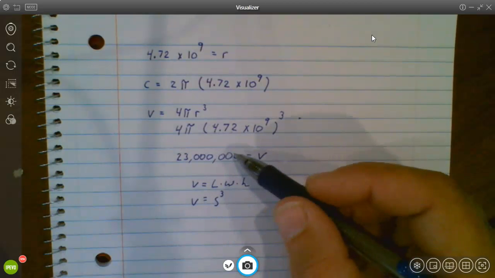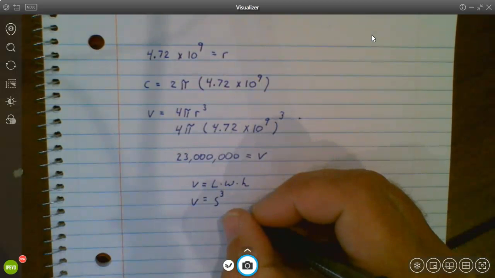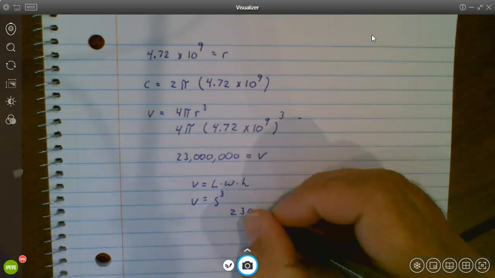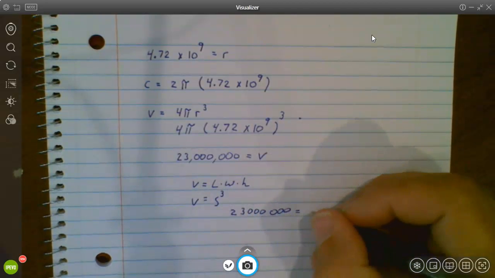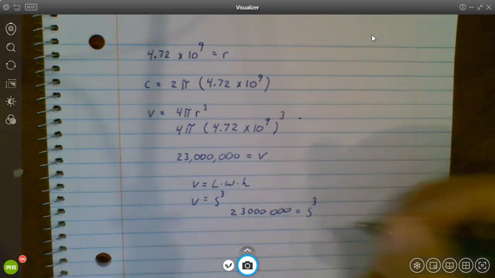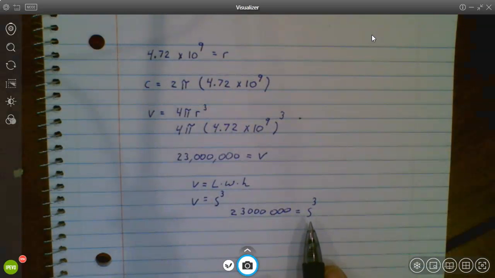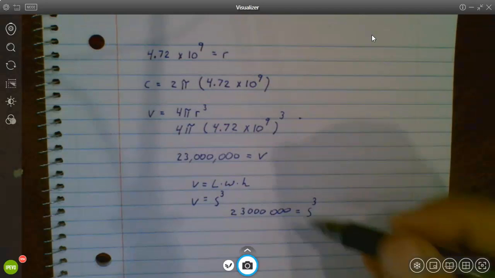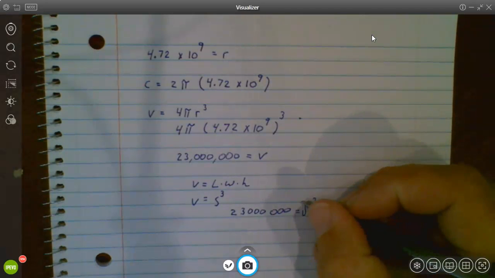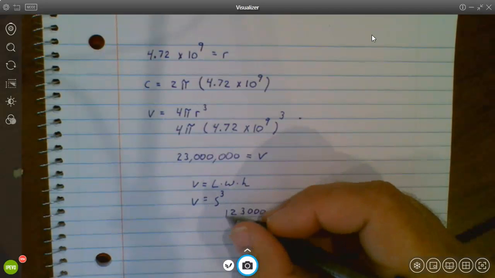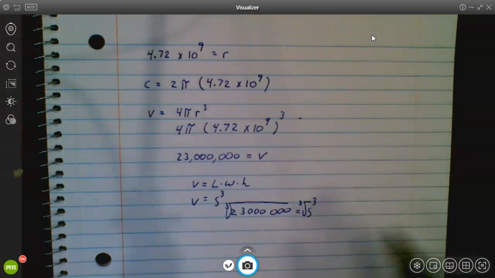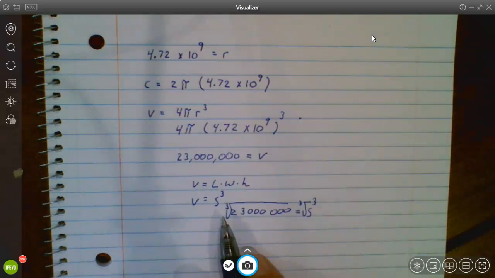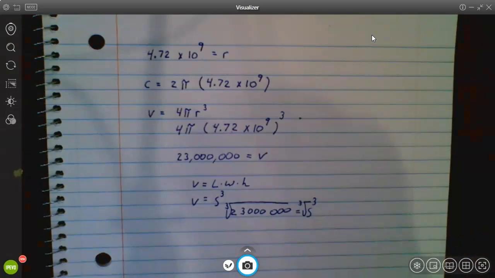So if this is my volume, that tells me that 23 million is my volume. So then how would we solve that equation to figure out one side length? We would then cube root both sides in order to get one side length. And again, your calculator should be able to do the cube root of 23 million.